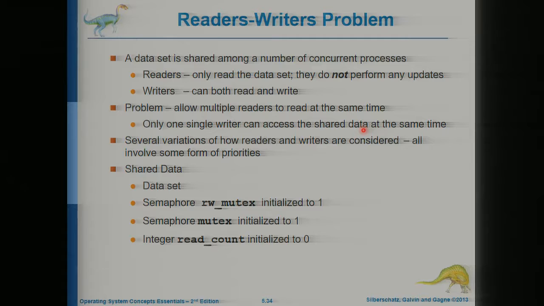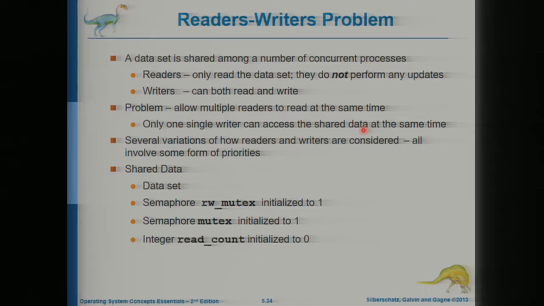But if there is a writer who is writing, then what happens? And one reader also, then the reader will not get the right data because the writer is manipulating the data. So you should always keep in mind that only one writer should be allowed to write.